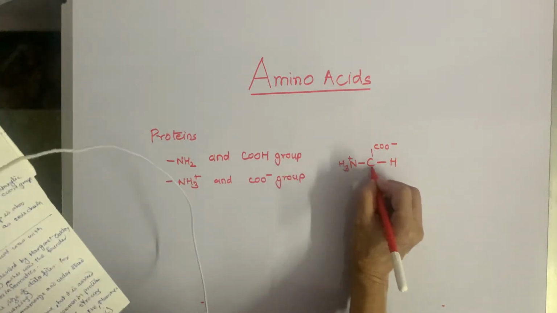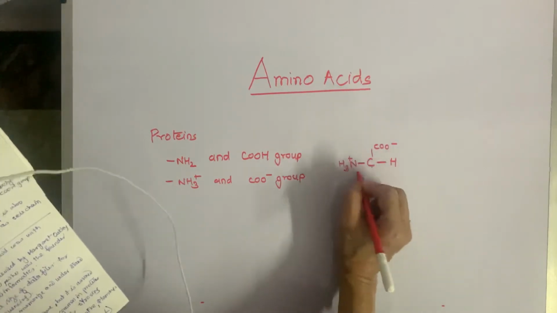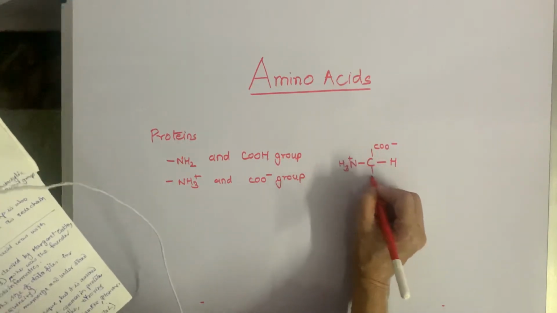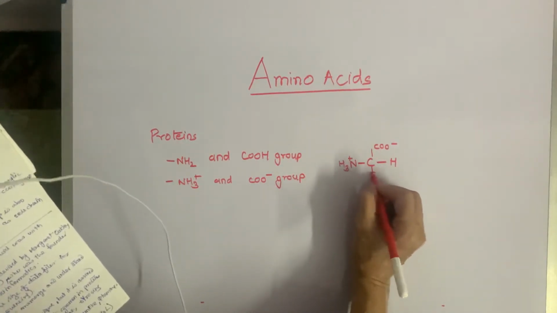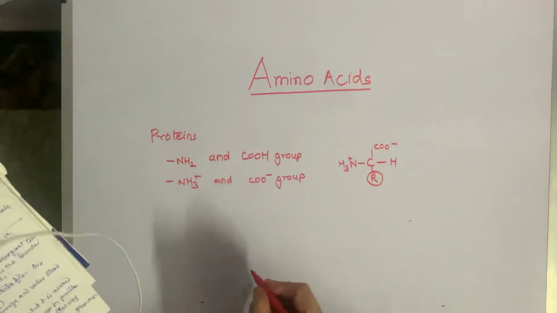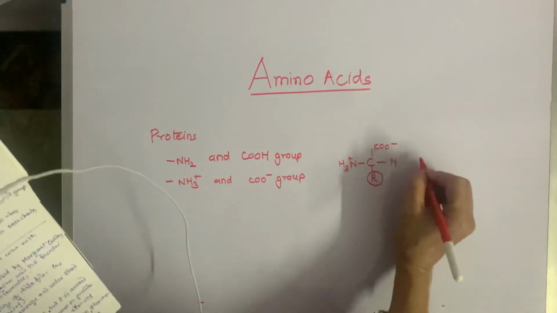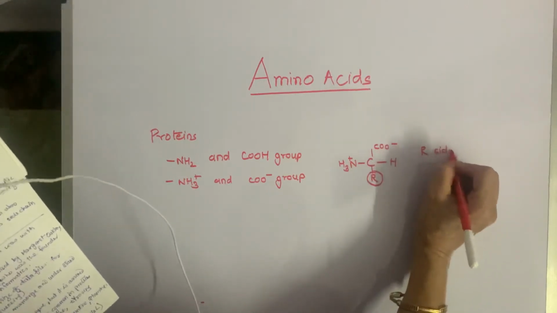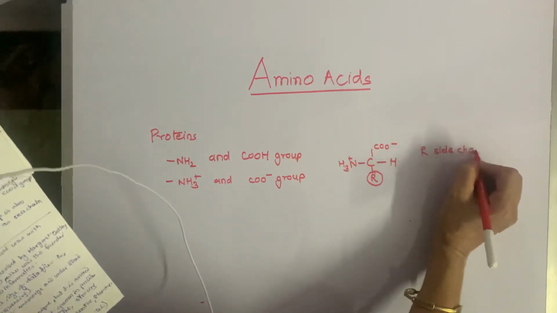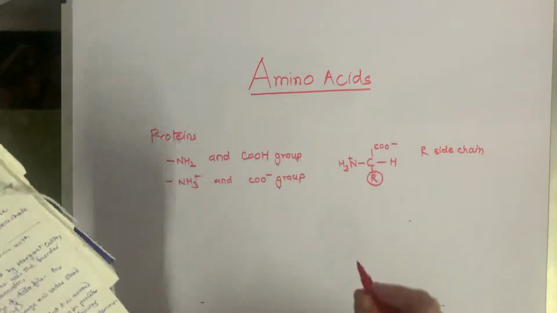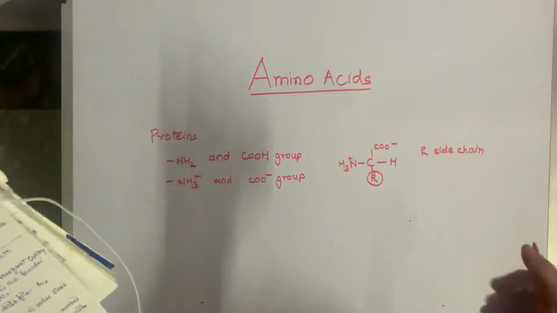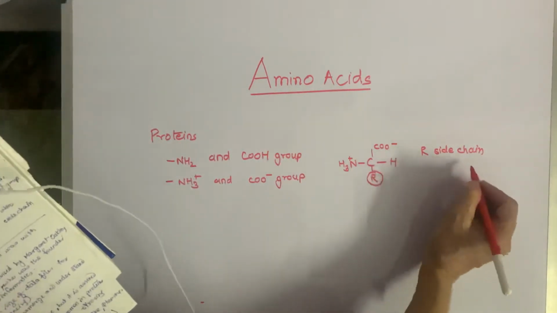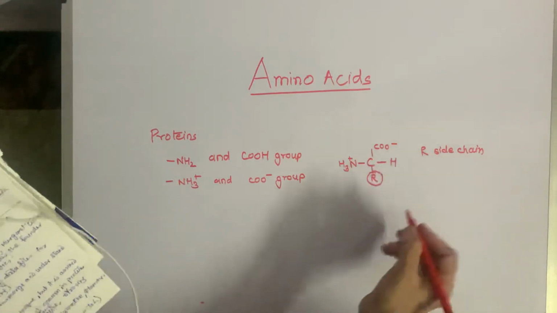All amino acids have this type of structure, and then here is your R group. Now, what is this R? R is the side chain. This side chain differs from one amino acid to another and forms different types of amino acids.